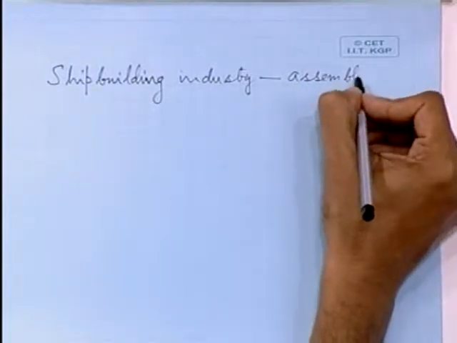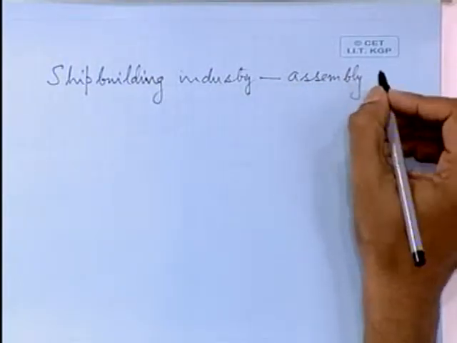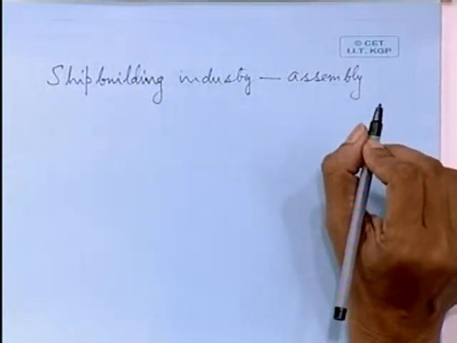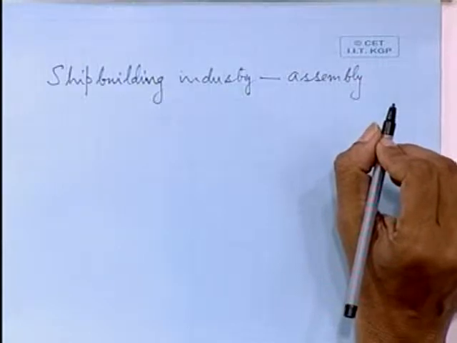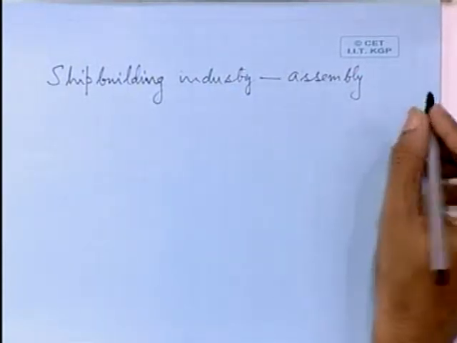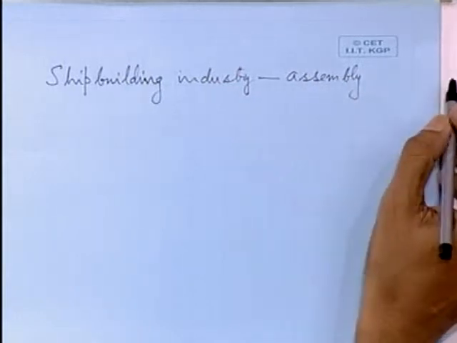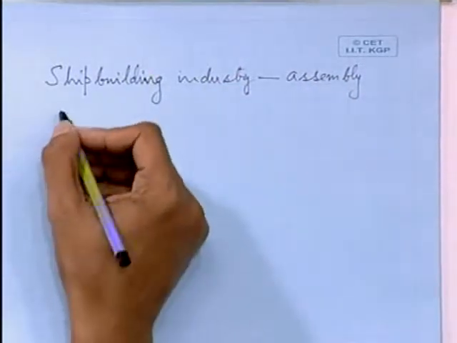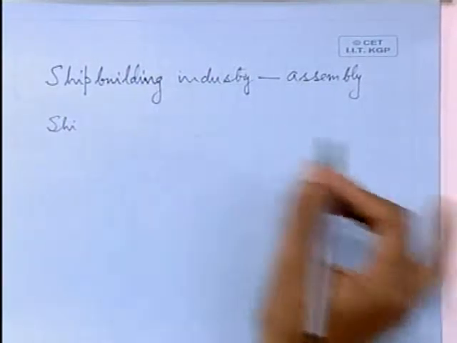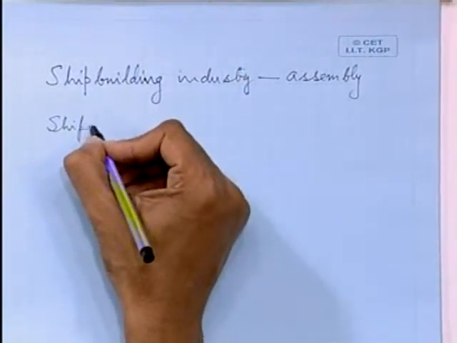How efficiently we do this assembly will be reflected in the quality of ships produced and also the cost. So different shipyards have their different capacity. I have explained all this capacity for doing this work.